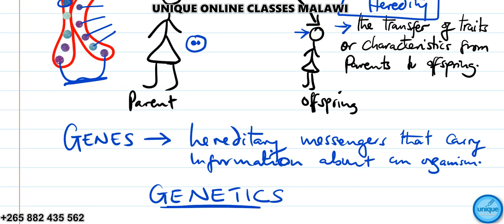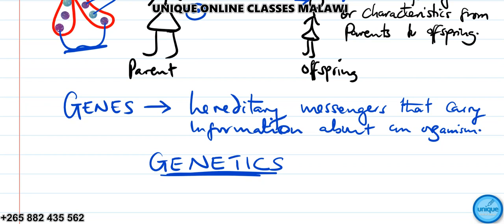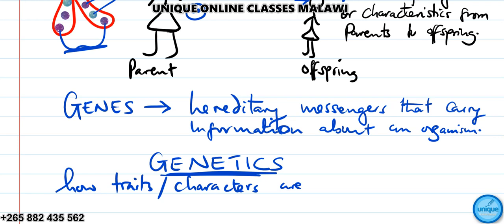So genetics is defined as how traits or characters are transferred from parent to offspring.